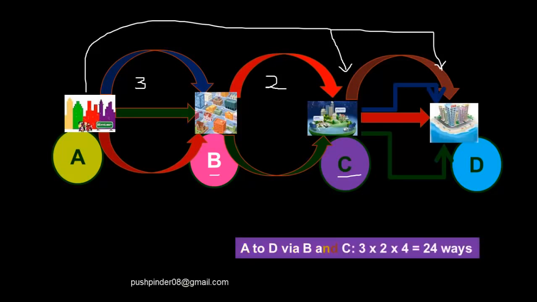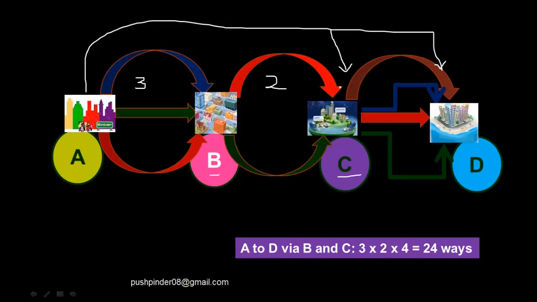Right? So I hope everyone is understanding my point here. What I'm trying to prove is that if event A can be done in m ways and B can be done in n ways, then both the events together can be done in m into n ways. Right? So you understand the logic behind that.